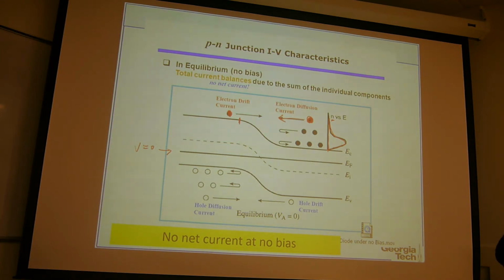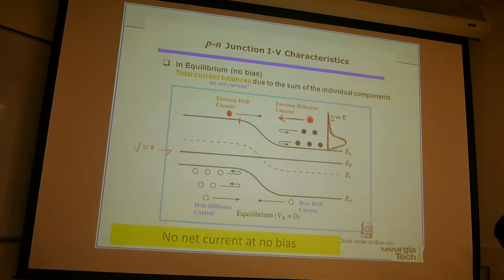But this number is also small, because in the p-type, electron is minority, so you don't have many, right? You have a very small number of electrons available there. So you have a small drift current, and you have this small diffusion current. Those two will cancel each other. This is as expected because this is the equilibrium state. Voltage equals 0, so the net current is 0.